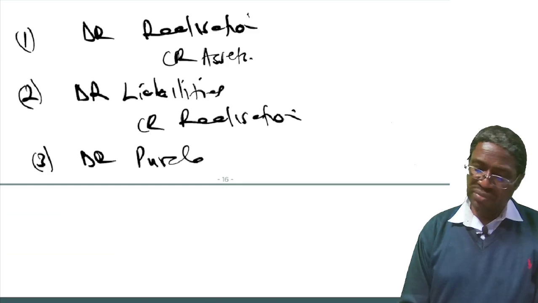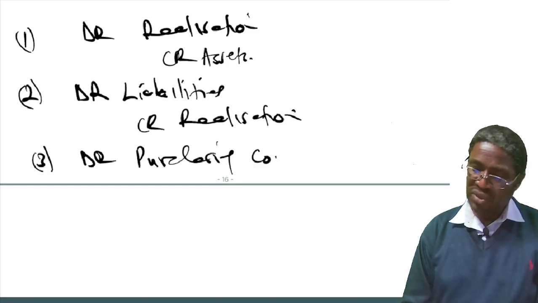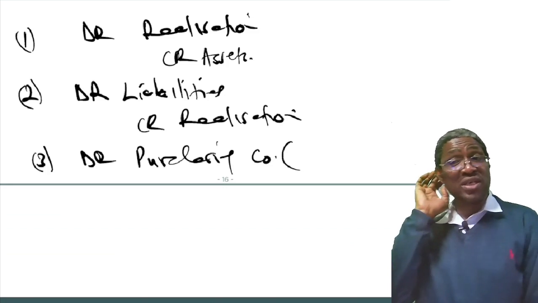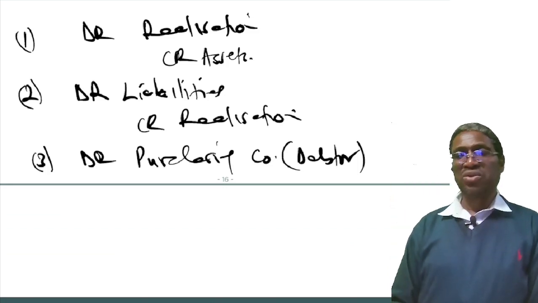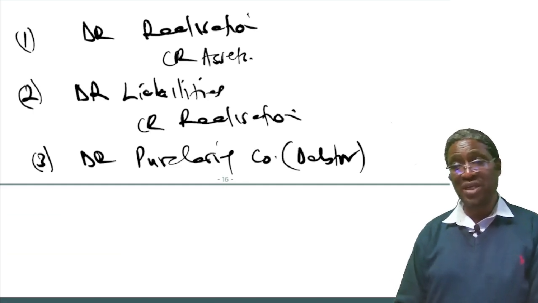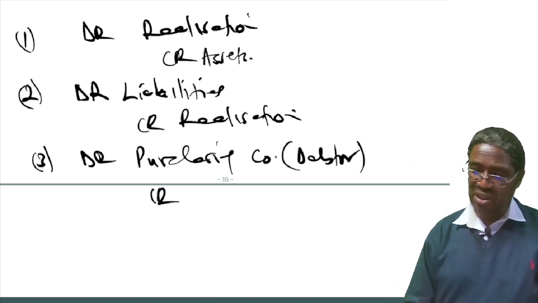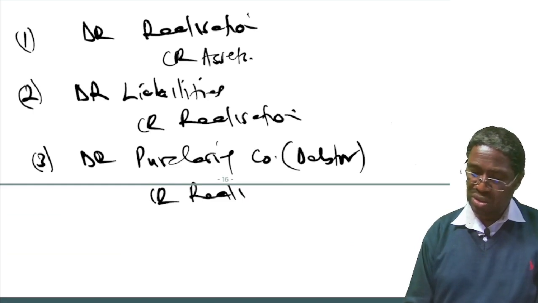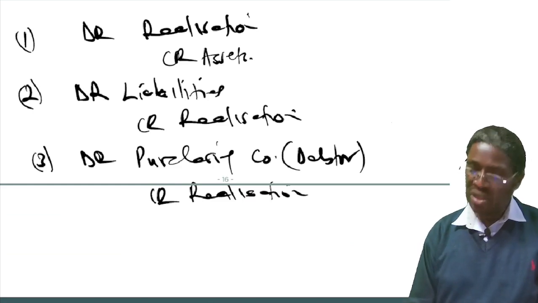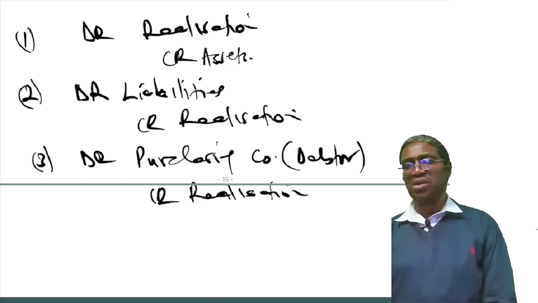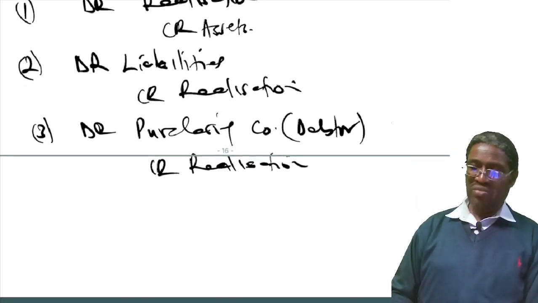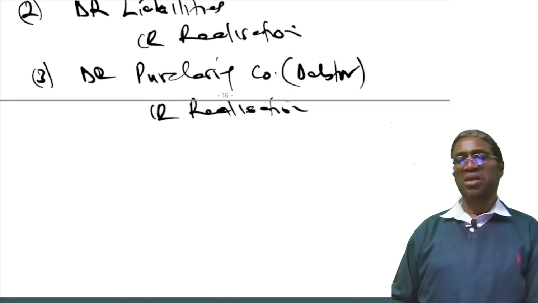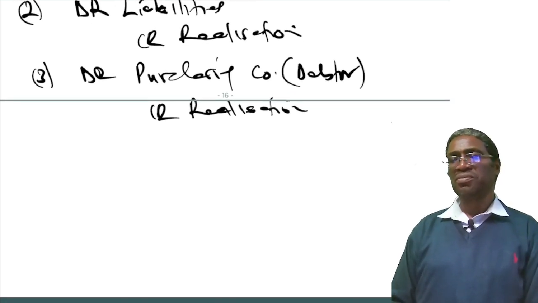You debit the purchasing company, in bracket data, because we are creating a debtor, and credit realization. Debit purchasing company, credit realization. That's number 3.